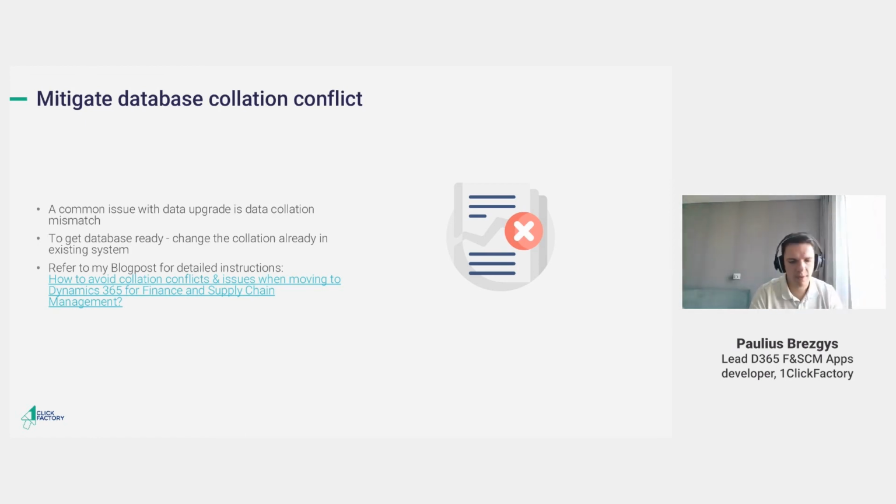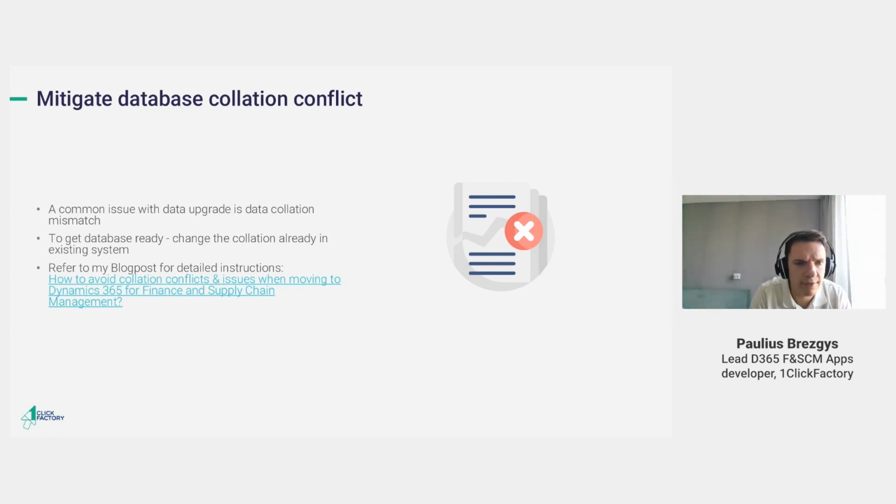Now, what you can do about it already right now is mitigate this database collation conflict in your live Dynamics system. You can change the collation on your existing system to make it migration ready and migration compatible with Dynamics 365.